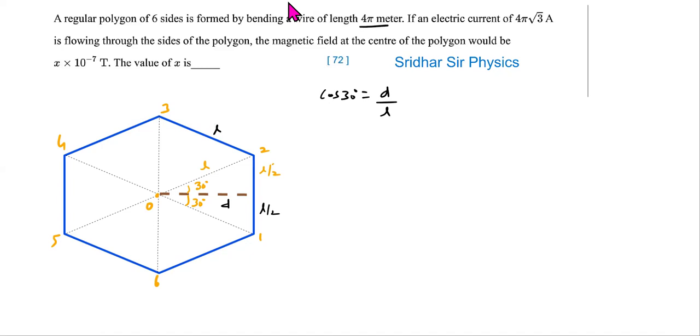It is the total length, so 4 pi equals 6L. What is the value of L? 2 pi by 3. Cos 30 is root 3 by 2, and L is 2 pi by 3. So what is the value of d? 3 root 3 pi.